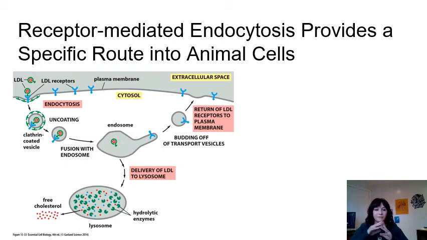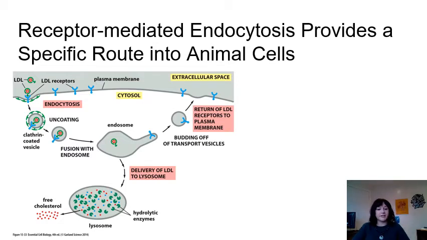Dynamin, right? So the clathrin-coated vesicle, once it's formed and released from the cell membrane, is going to lose that clathrin coat. And now we've got this cholesterol, this LDL inside of the cell, and the cell wants to use it for something, right? So what will happen is that vesicle will travel to an endosome. It will fuse with the endosome and release its contents into that organelle.